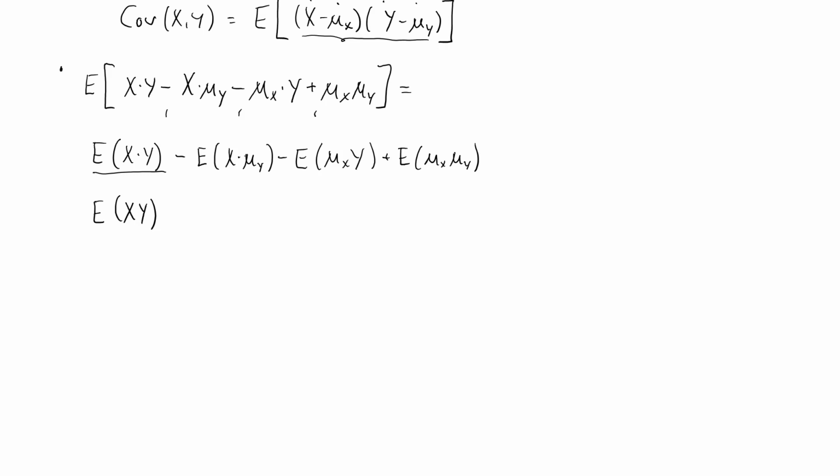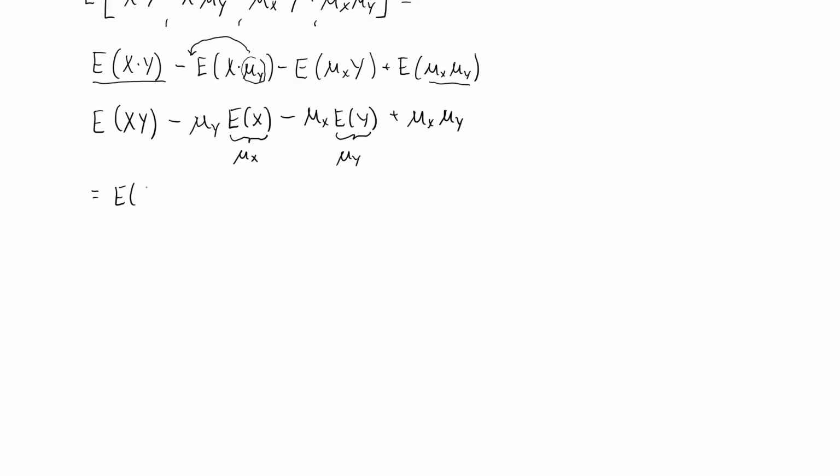For the next term, we realize that mu_Y is a constant, and constants do go outside the expected value: mu_Y times E[X]. Same thing, mu_X is a constant. For the final one, I have a product of two constants, so that's a constant, and the expected value of a constant is that constant itself. So E[X] is just another term for mu_X, and E[Y] is just another term for mu_Y.